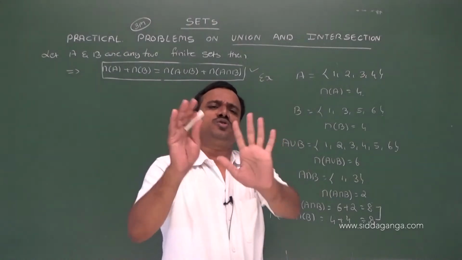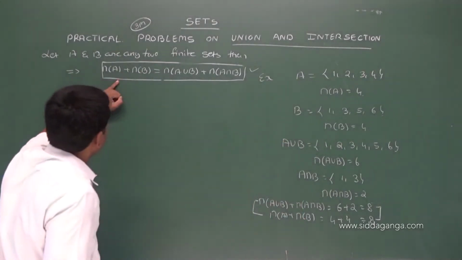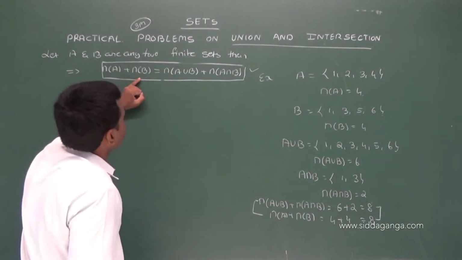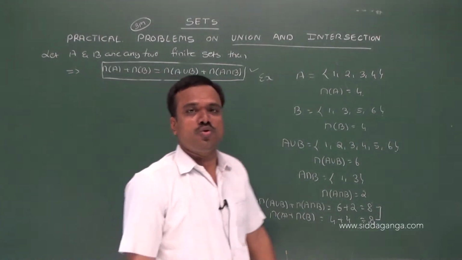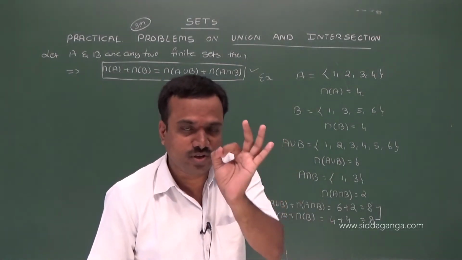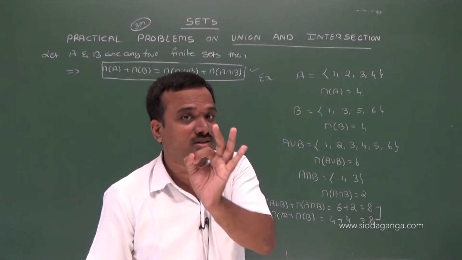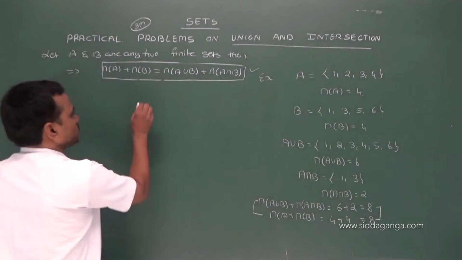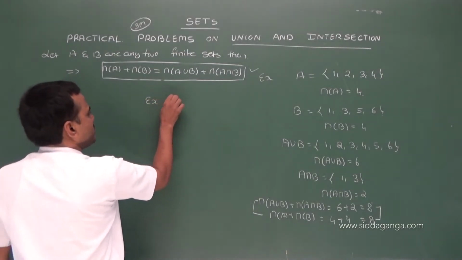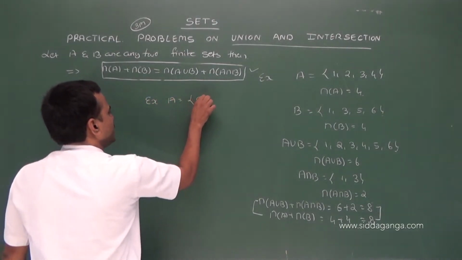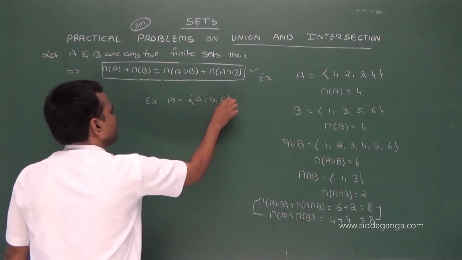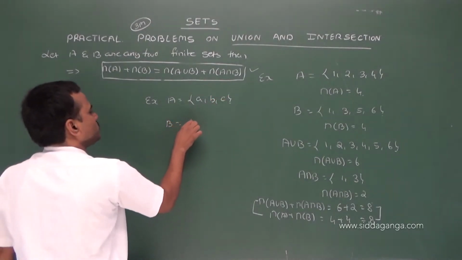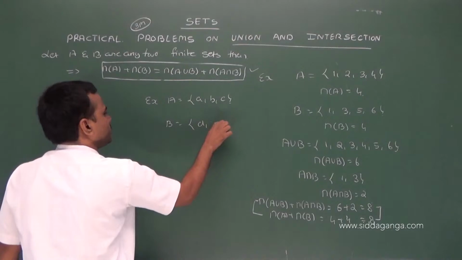If you want, you can also solve it yourself. n of A plus n of B is always equal to n of A union B plus n of A intersection B. I take one more example. A is equal to {a, b, c}, it contains three elements. B is equal to {d, e}.